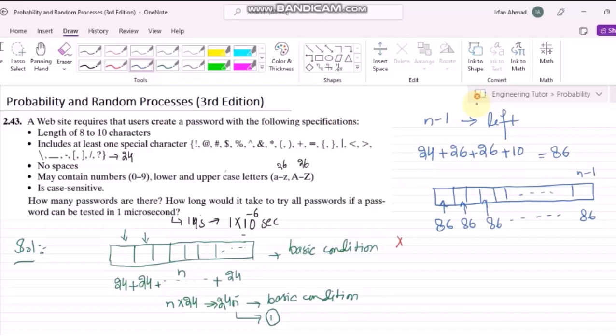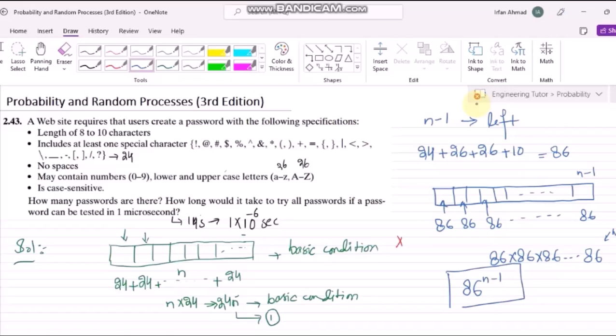So how many characters would I have here? This is basically the AND condition, because all the n minus 1 slots have to be occupied. So that's why it would be 86 multiplied by 86 multiplied by 86 up to the n minus 1 characters. So I will have 86^(n-1) choices here.